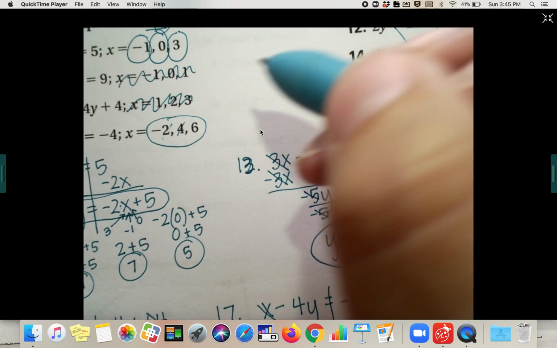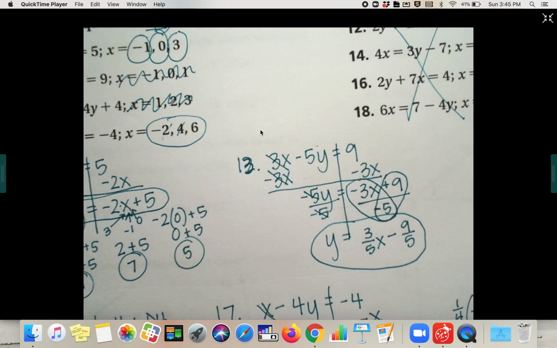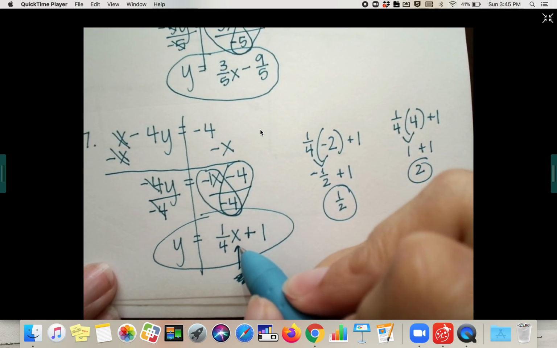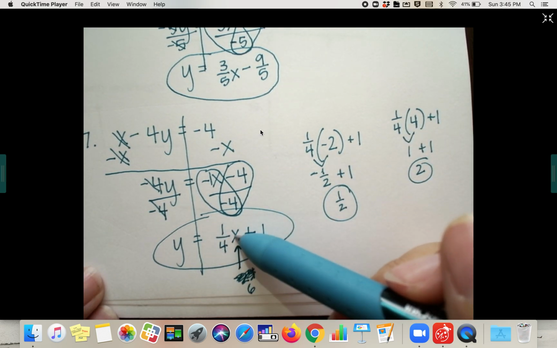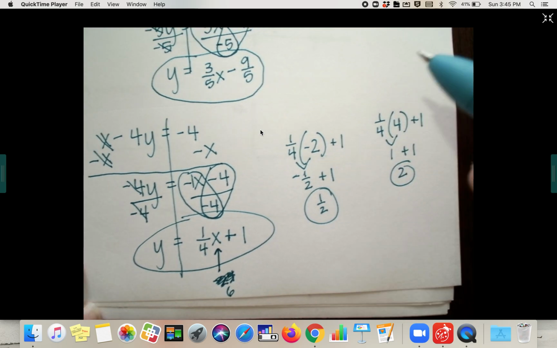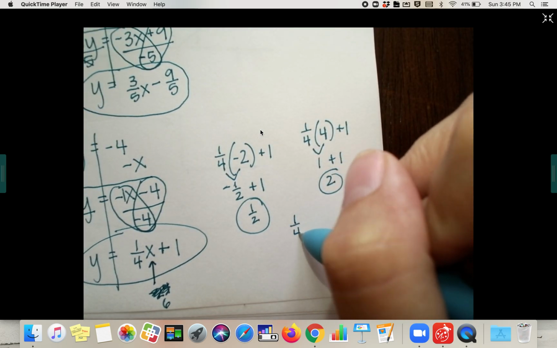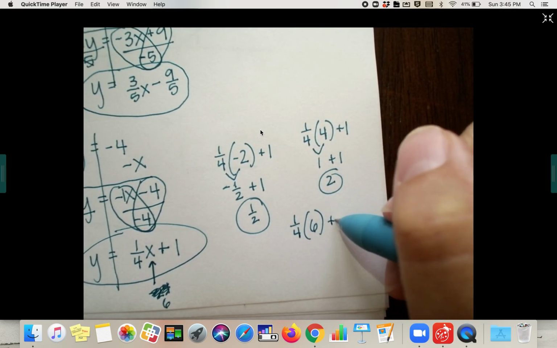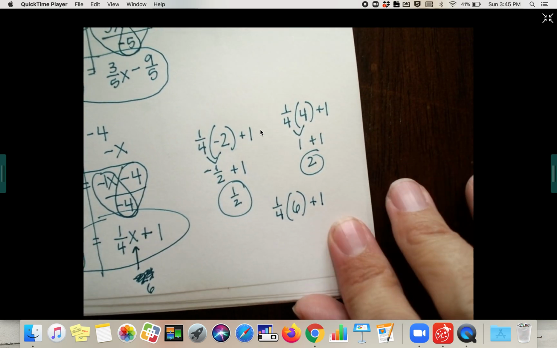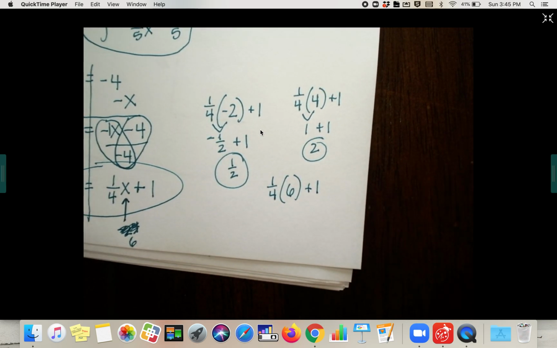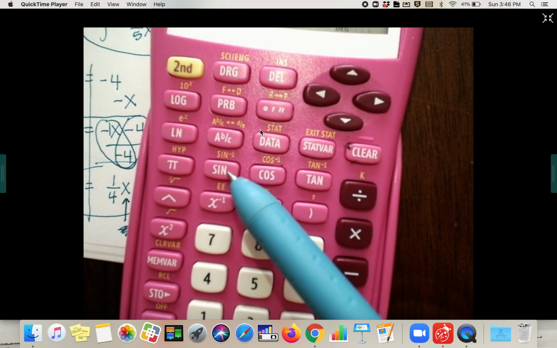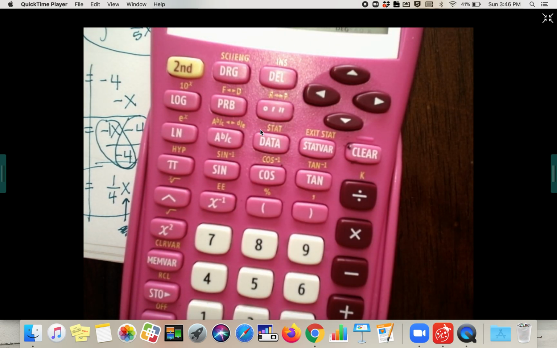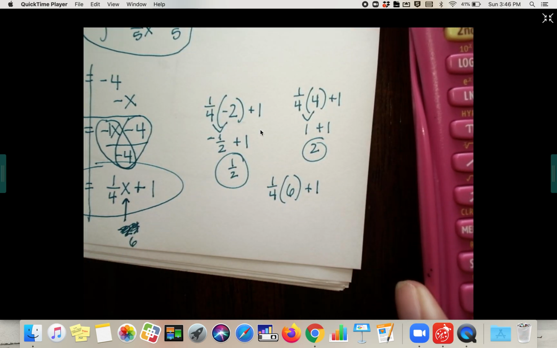And then the last one we're going to do is 6 for x. Let's make x 6. All right, so 1/4 times 6 plus 1. All right, practicing with your calculator fraction button. Yours may look slightly different than mine. Some people don't have the ABC button. Instead, they just have an already fraction button, and that's nice. I don't have that.